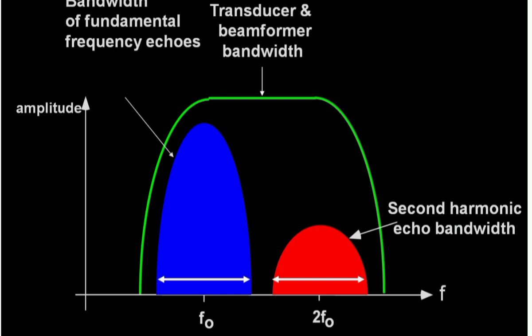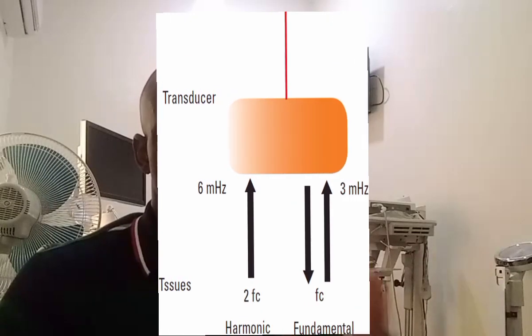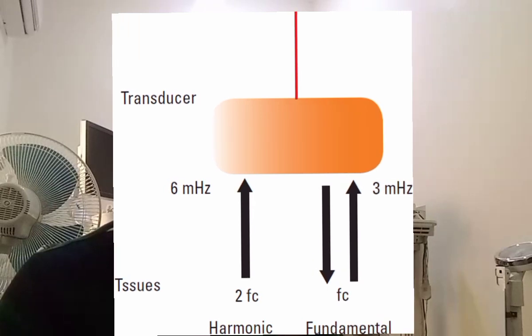Tissue harmonic imaging uses echoes received at twice the transmitted frequency, known as the second harmonic frequency, to produce images. Now, the ultrasound system transmits at one frequency but receives at double the frequency. So that's what you get in second harmonics.